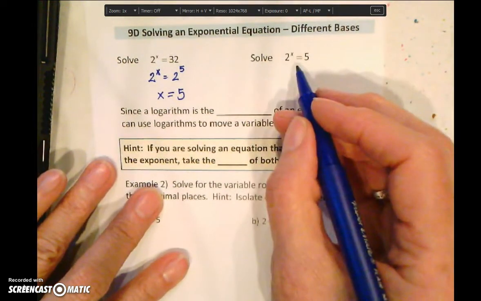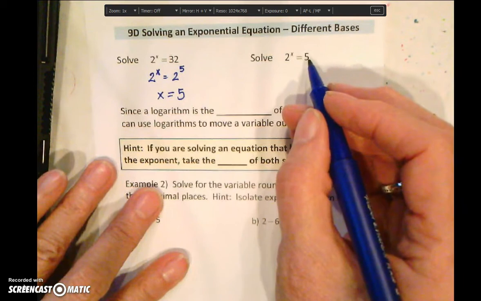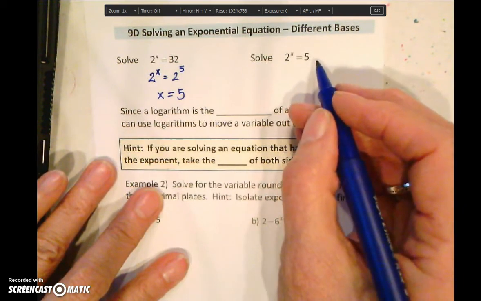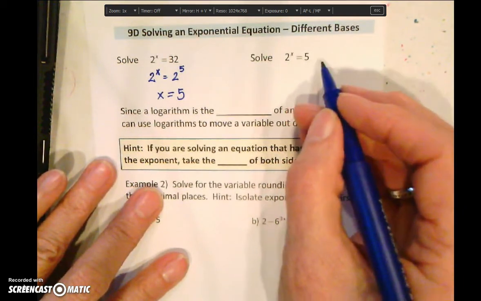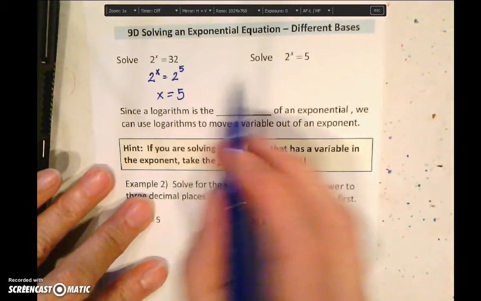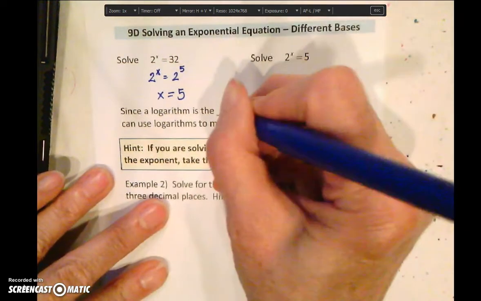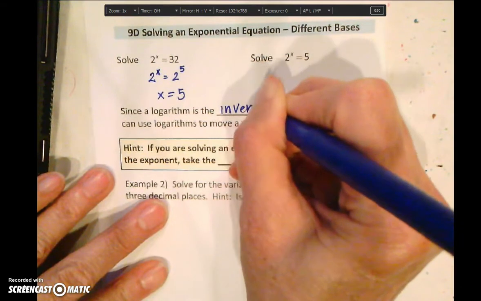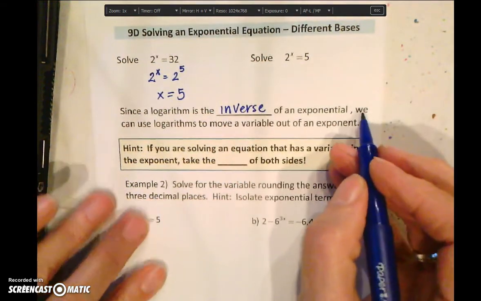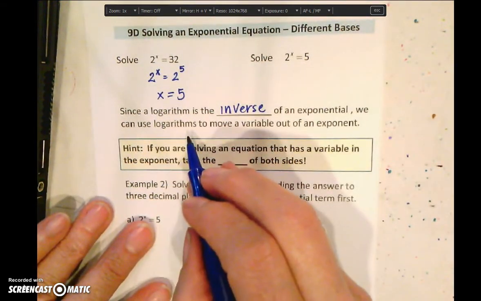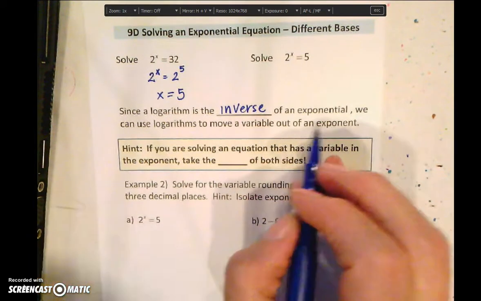However, in the second example, 2 to the x is 5. 5 cannot be written as 2 to a power that we know of anyway. All right, so since a logarithm is the inverse of an exponential equation, we can use logarithms to move a variable out of an exponent.